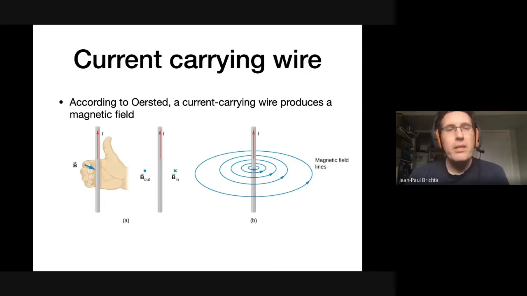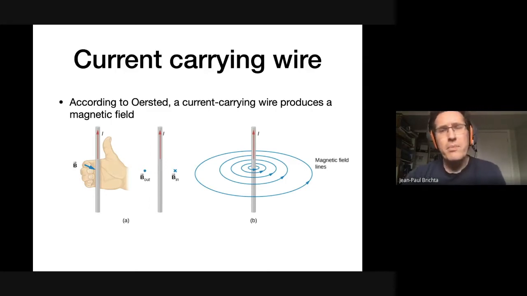So again, we can represent this two ways. In the first example here, we've just drawn the magnetic field as this dot and cross, showing that the magnetic field is out of the page on the left-hand side and into the page on the right-hand side. Or we can try and do this kind of hybrid 3D sketch where we actually show the full magnetic field lines.